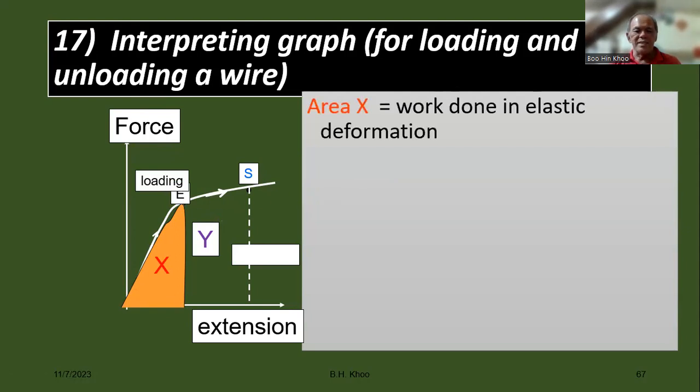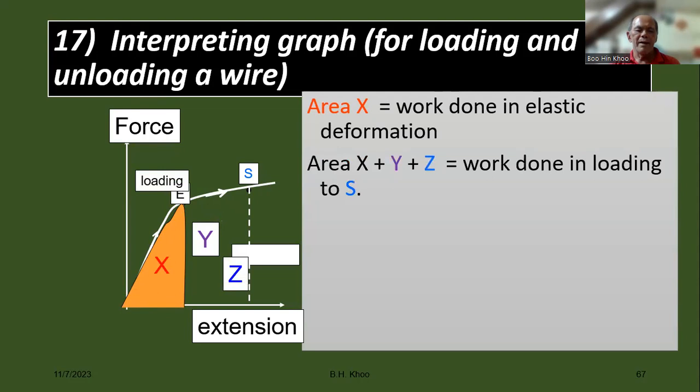Area X is work done in elastic deformation. Then X, Y, Z. Y is this area. Z is this area. So X area, Y area, Z area is work done in loading.